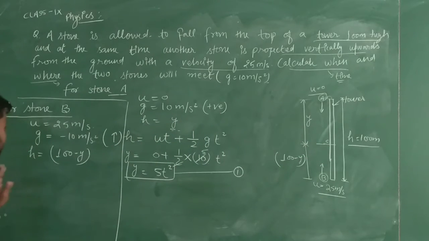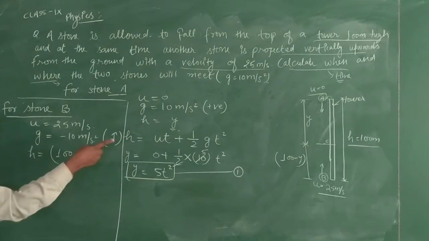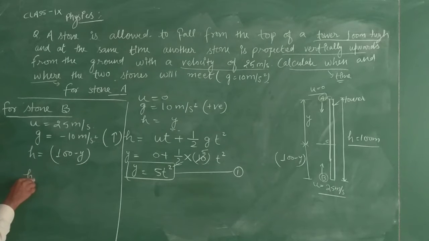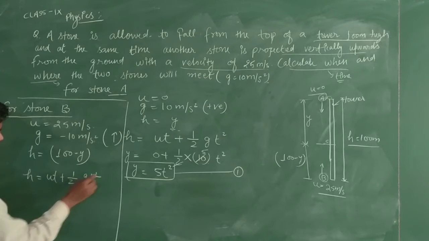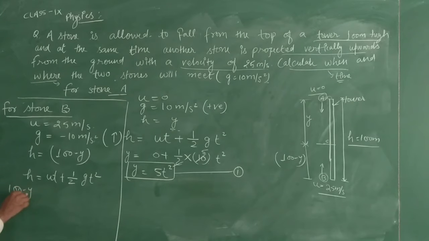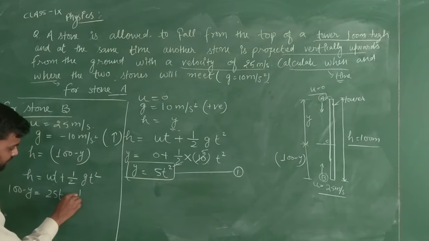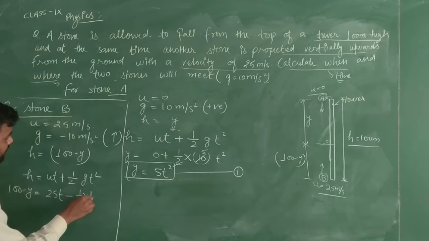Okay, students. Now we will place the values in the second equation, that is h equal to ut plus 1/2 gt square. The value of h will be 100 minus y, and it will be 25t, and here we will place the value of g, it will be minus 1 upon 2 multiplied by 10.